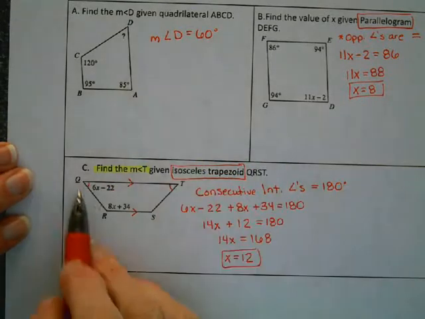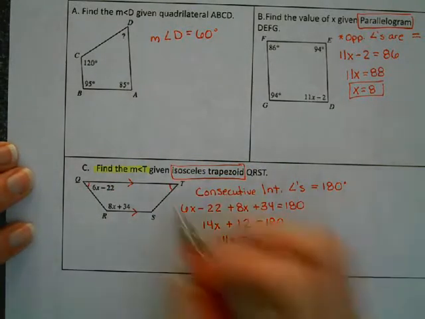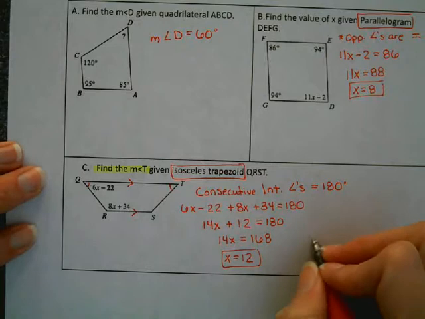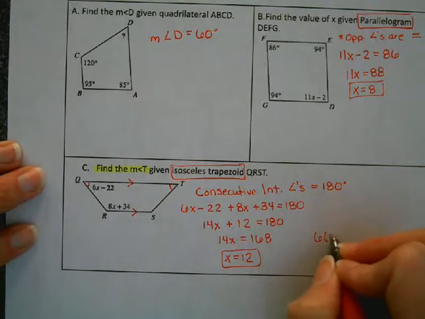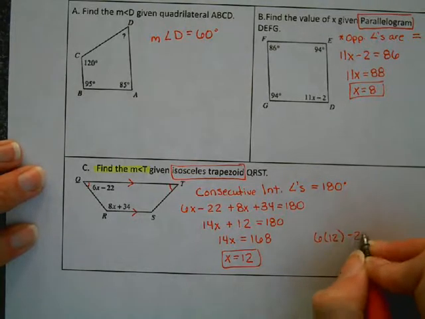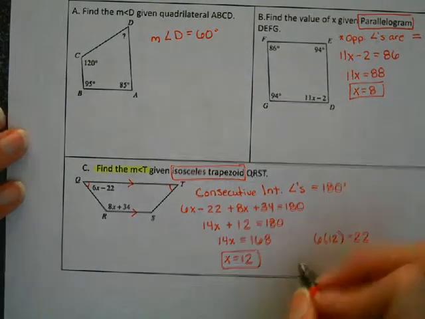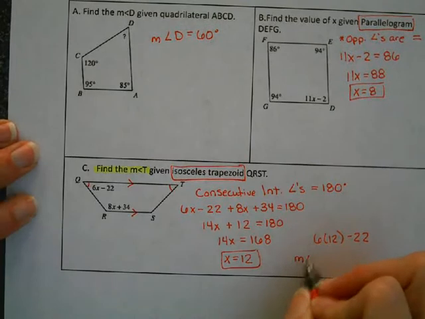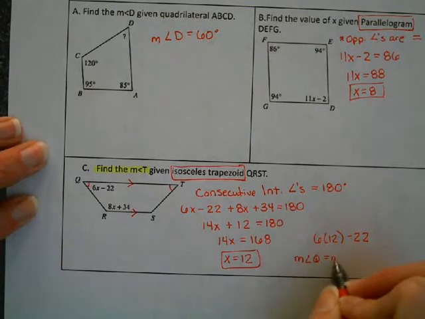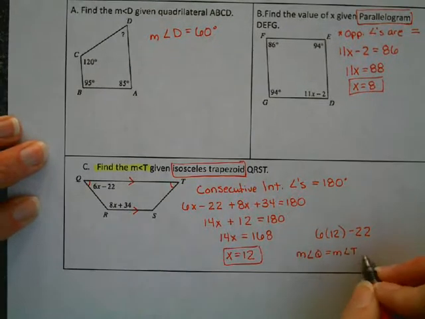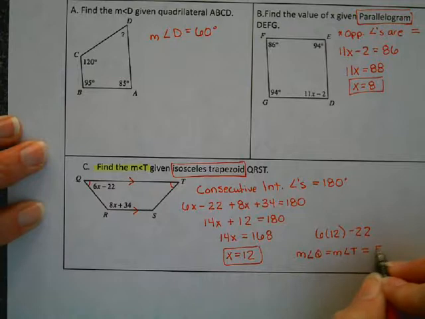So I would say, taking 6 times 12 minus 22 is going to get me the angle that I need. So the measure of angle Q is equal to the measure of angle T, and we found that to equal 50 degrees. So that's what I would be looking for.